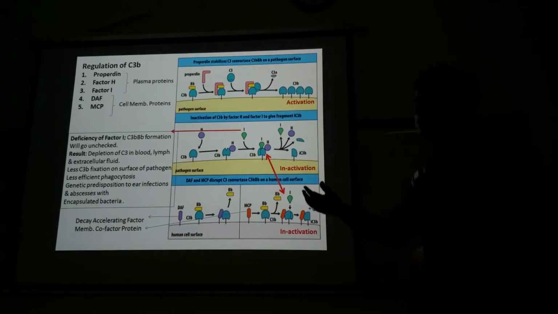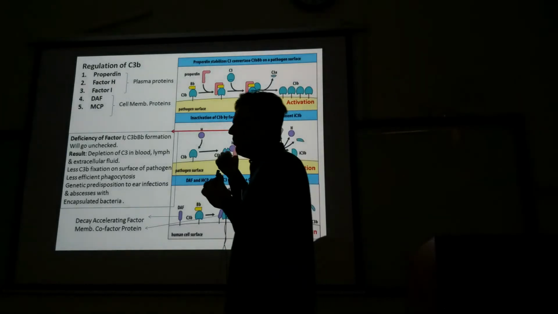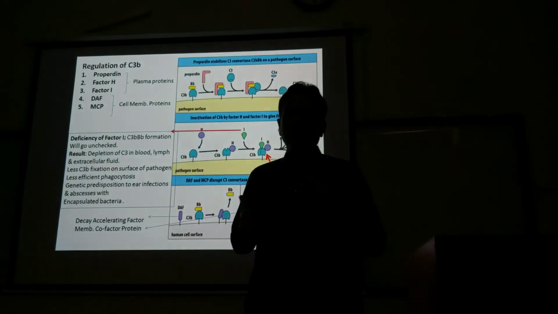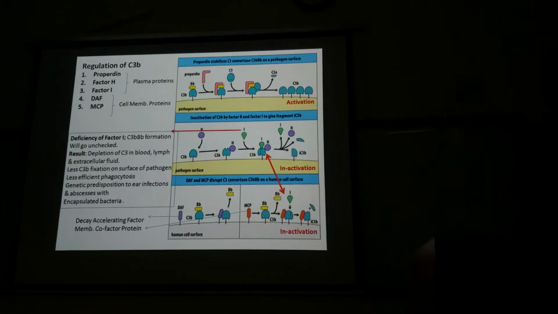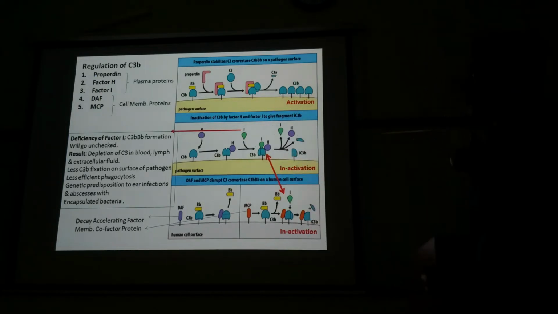Otherwise, if this process goes unchecked and is not stopped at some point, then all of the reservoir of C3 molecules, for instance, or other complements made inside your body would be used up in this process, leaving nothing for other pathogens if they infect you.